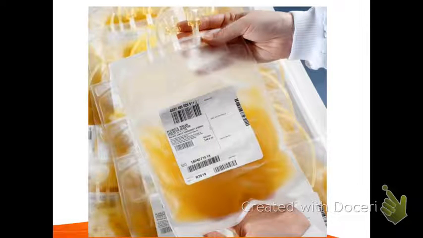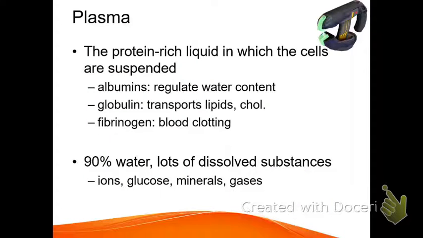So this yellowy goopy stuff is the plasma. This is the stuff where when you scrape your leg and you have that goop coming out. That's very similar to plasma. It's actually the tissue fluid, but it's very similar to plasma. So plasma is a watery substance with a whole bunch of proteins inside of it.